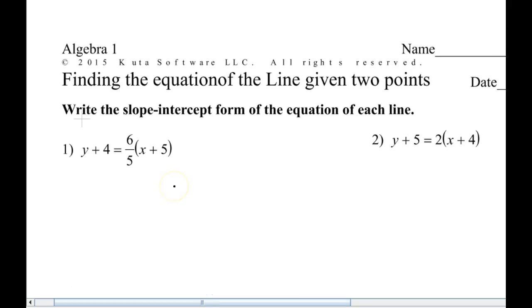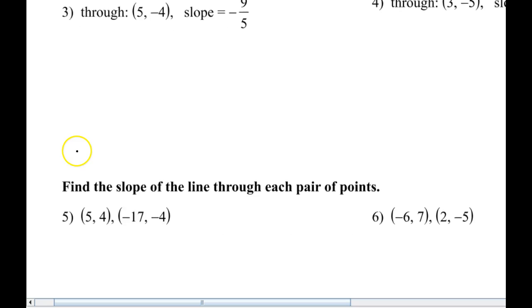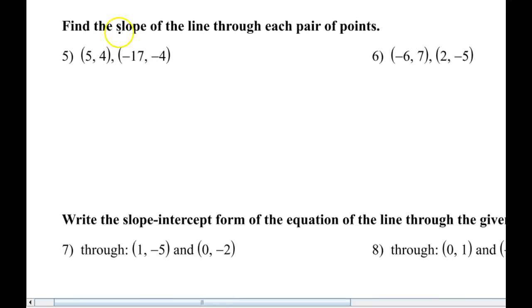So recall down here how to find slope. We had an equation or a formula that looked like this. M equals, M stands for slope, and we had something like this.